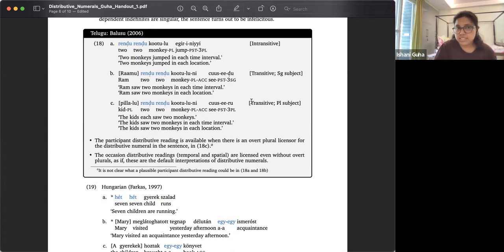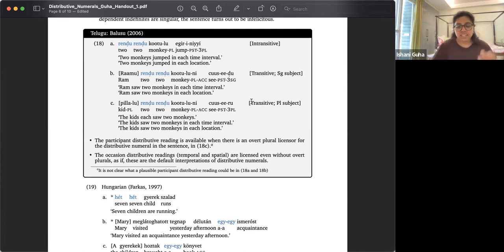Balasu says that this has the reading: in each interval of time, 2 monkeys jumped, or in each location, 2 monkeys jumped. So in the first case, let's say there is some bell, and after that bell is rung, let's say after 3 seconds, in a monkey enclosure at the zoo, 2 monkeys are jumping.